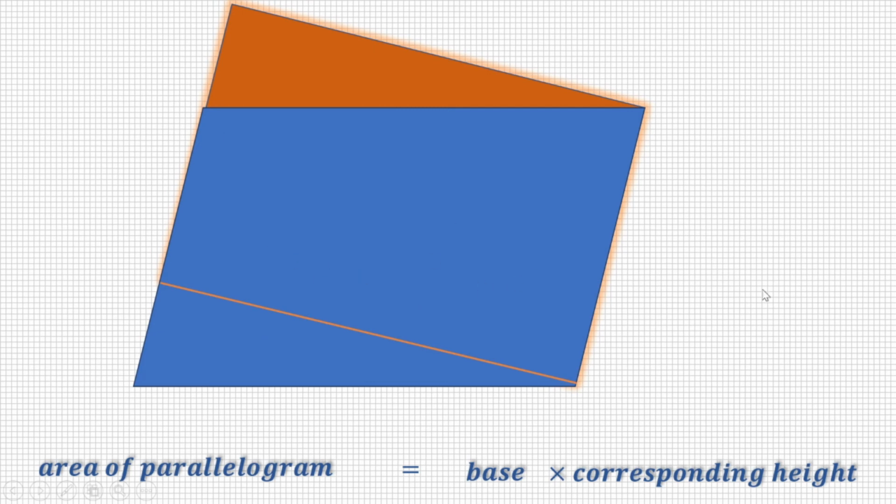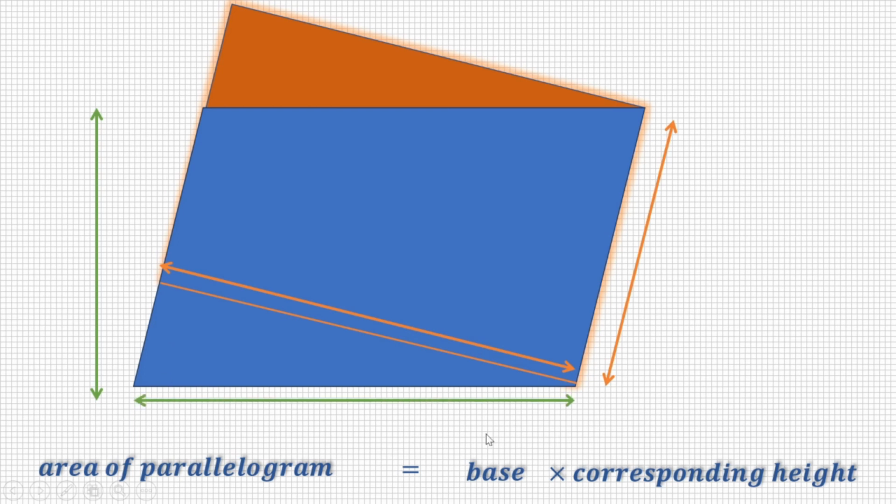The area of this rectangle is length into its breadth. No? So length into breadth gives the area of this rectangle. That means area of this parallelogram is obtained by multiplying this with this side. No? Means the base and the height, and also by multiplying this with this.